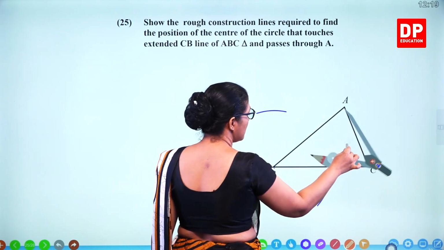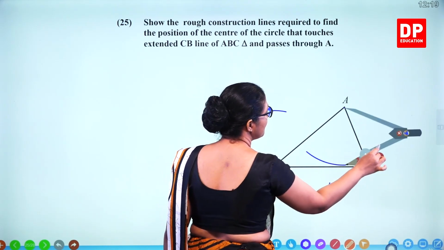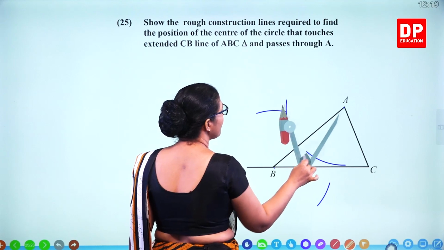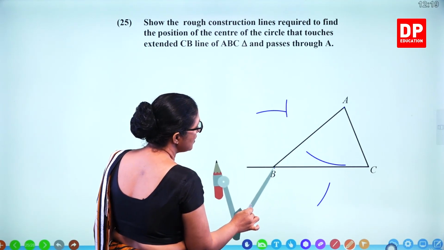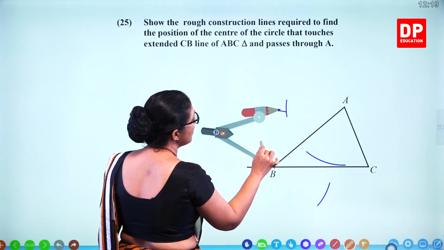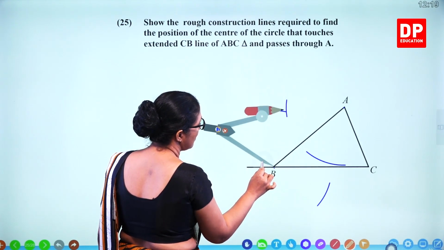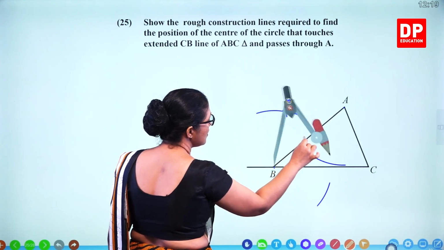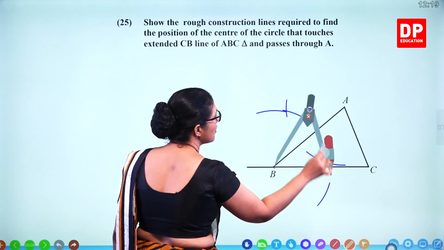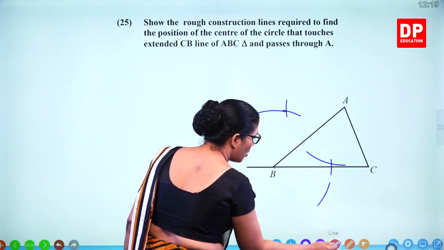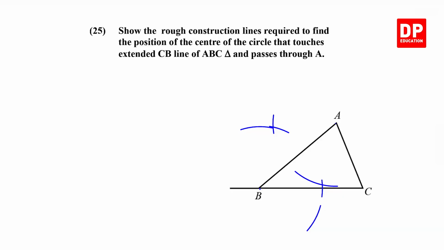Again we draw, and continue this one here. This is the perpendicular bisector.